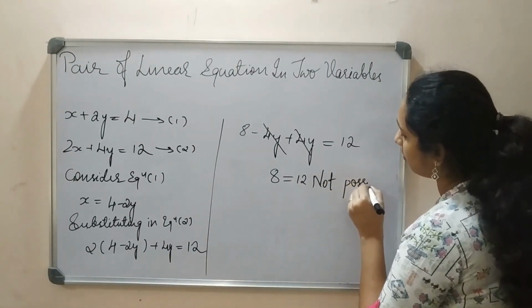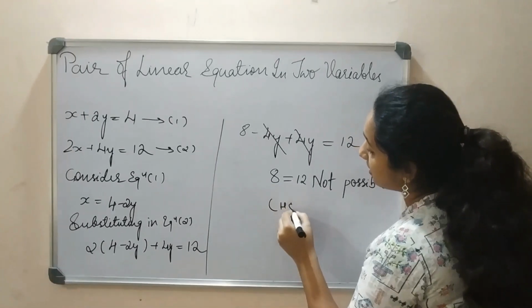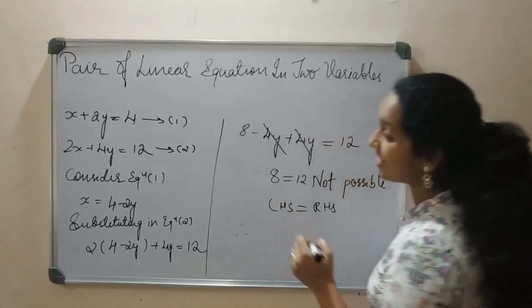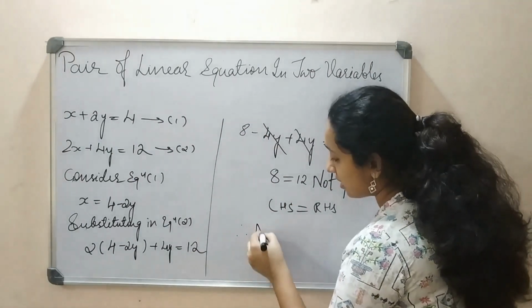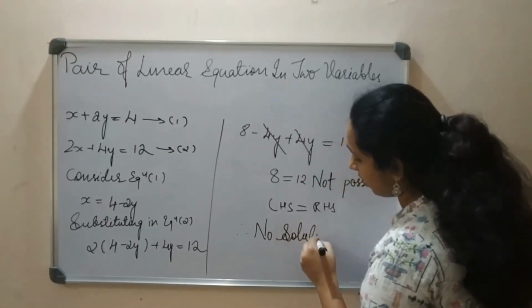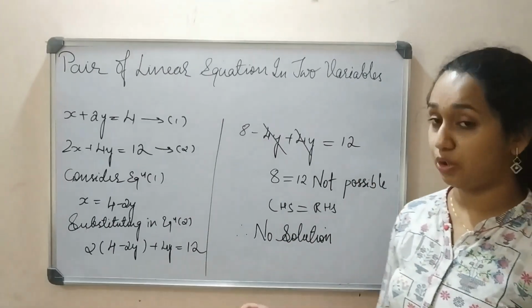It is not satisfying the condition LHS equals RHS. Therefore, I can say that this pair of linear equations has no solution. This pair will not have any kind of solution.